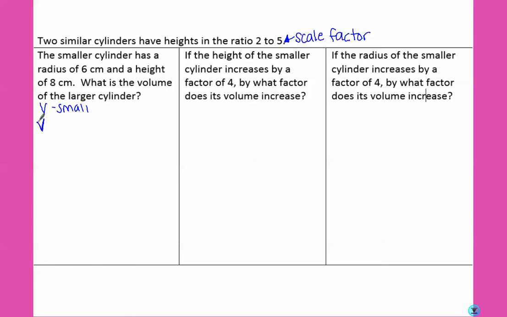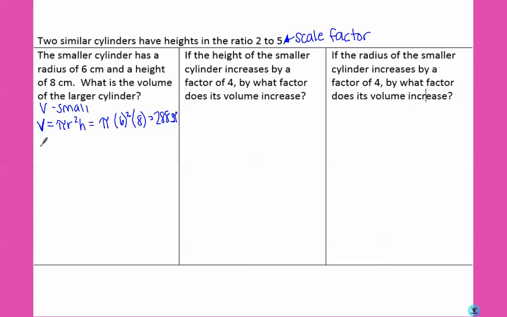Volume equals pi r squared h for a cylinder. So it would be pi times the radius squared times the height, and I'm going to leave the pi out again. We get that the volume is 288 pi.